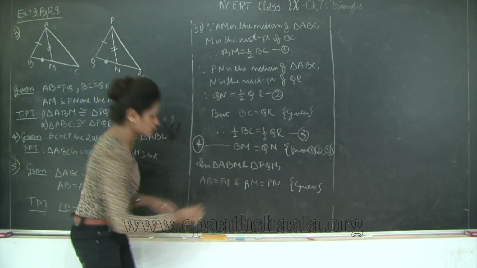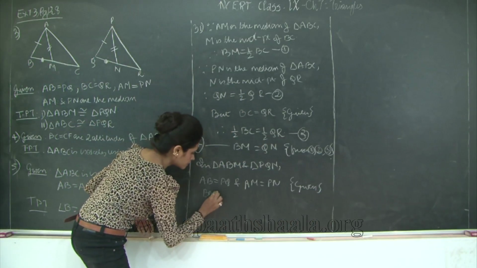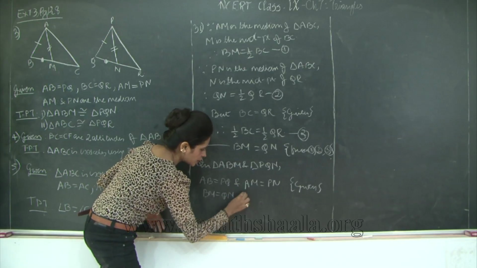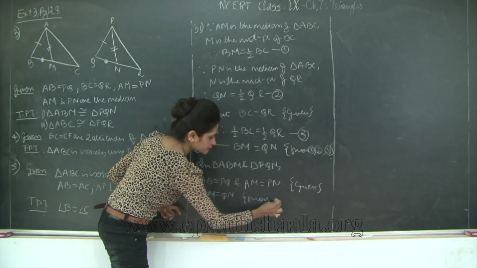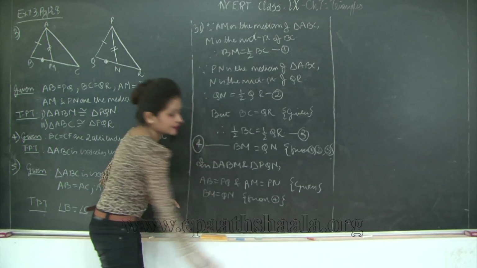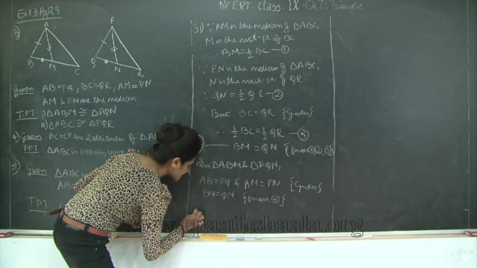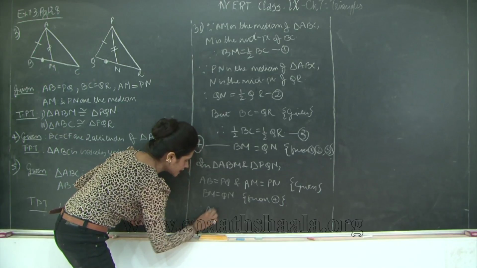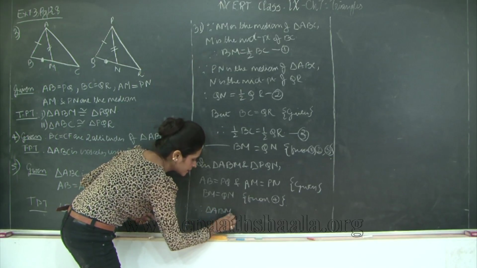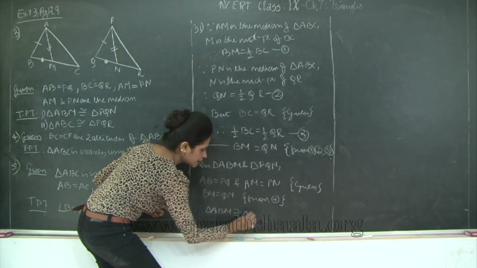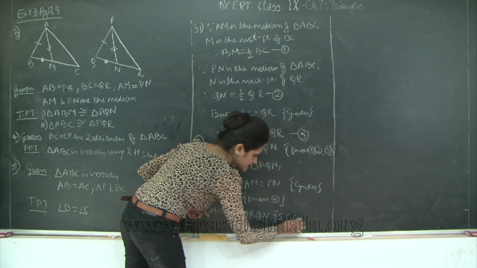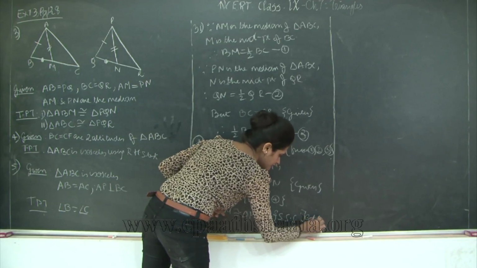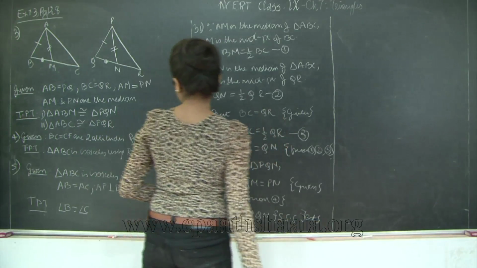That BM is equal to QN, so I'll say from 4. Therefore, the two triangles are congruent by SSS test. Therefore, triangle ABM is congruent to triangle PQN by SSS, which is side test of congruence.